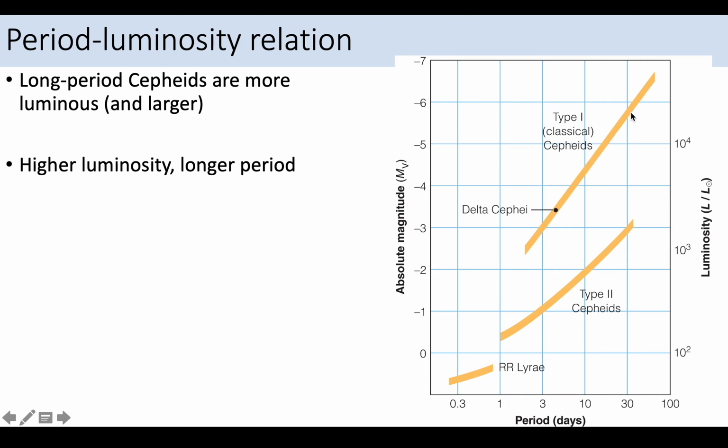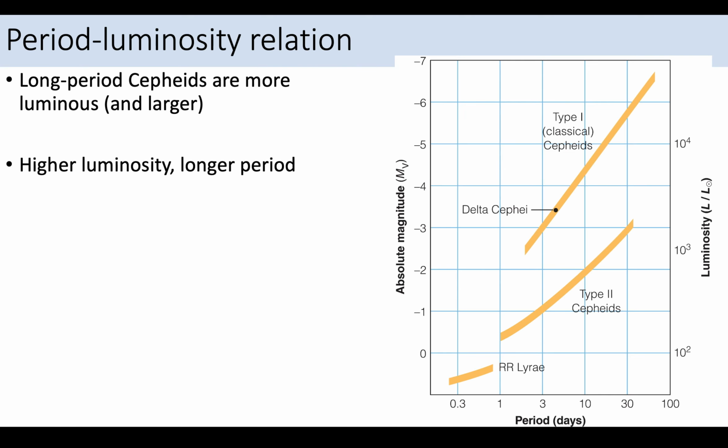So more of a pulsation period of 30 to 100 days, whereas very small or very dim stars are going to have a much quicker period with, say, less than a day between each pulse. So you can use the pulsation and the brightness to determine much more about these stars.